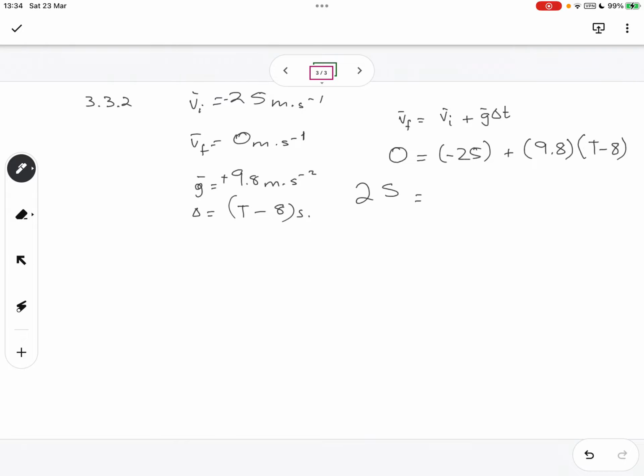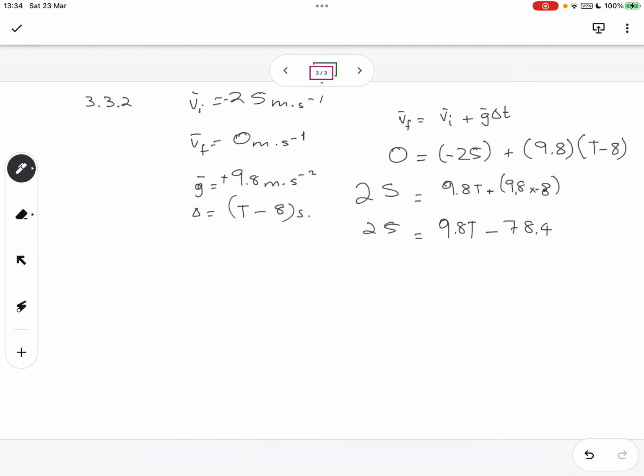Using additive inverses, that gives 25 equals 9.8t minus 9.8 times 8, which is 78.4.